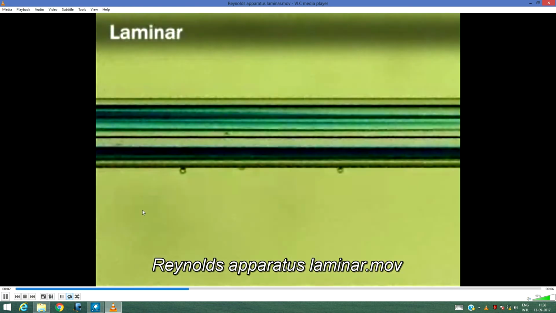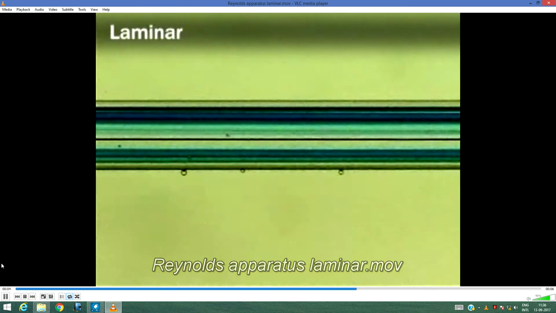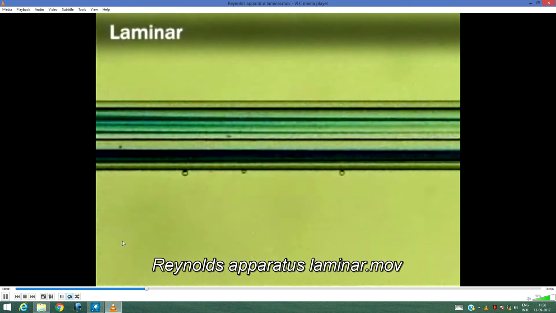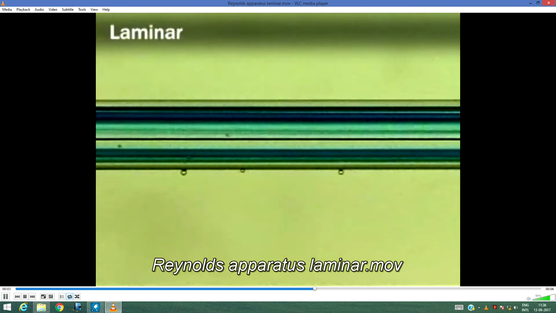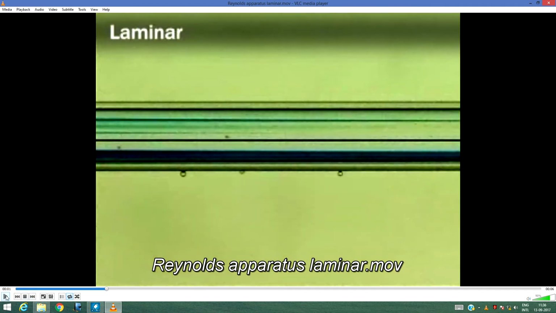Oh, it is running over and over again. Okay, let me stop it. So, how was the experiment done? There is flow from left to right and you inject a dye on the left hand side.